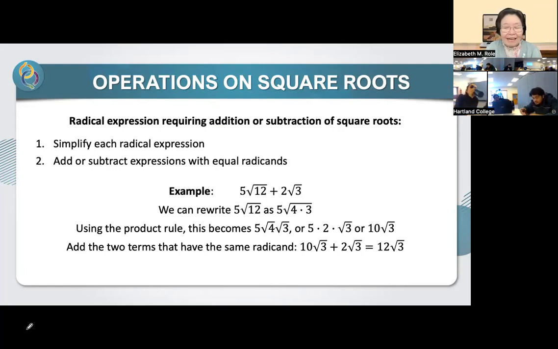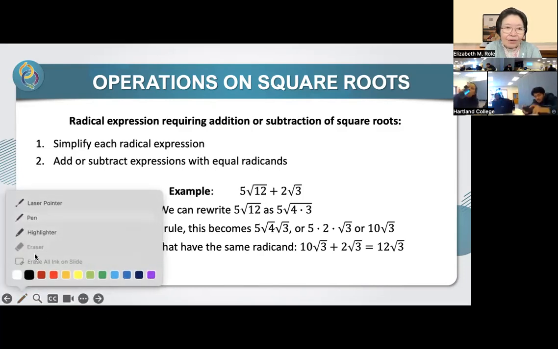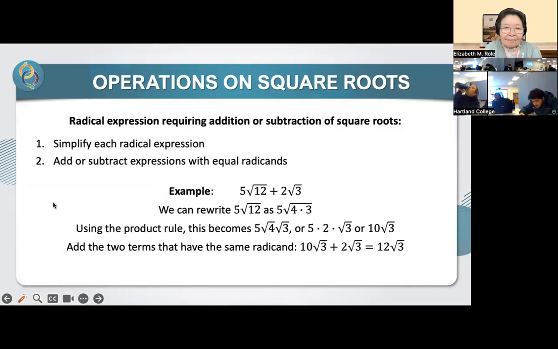So an example here is 5 the square root of 12 plus 2 the square root of 3. This 5 the square root of 12 can be written as 5 times the square root of 4 times 3, because we want our 12 to be factored such that one of them is a perfect square.